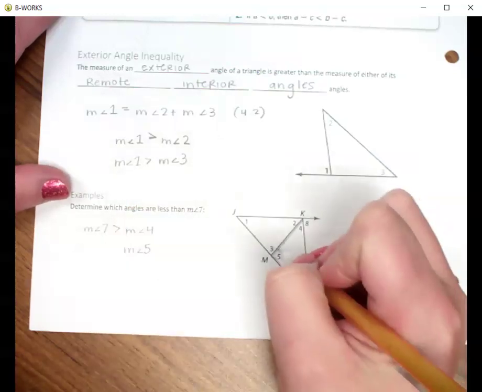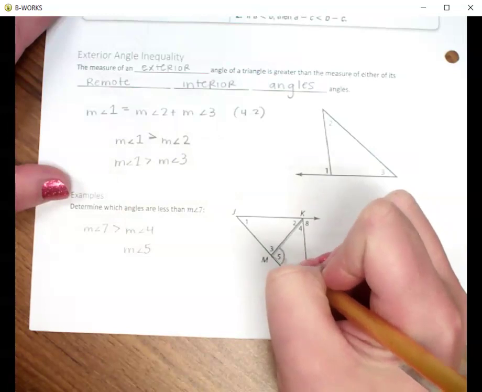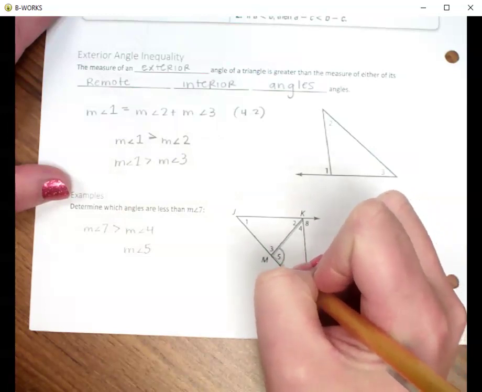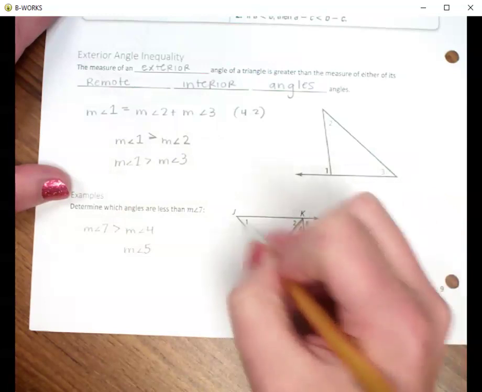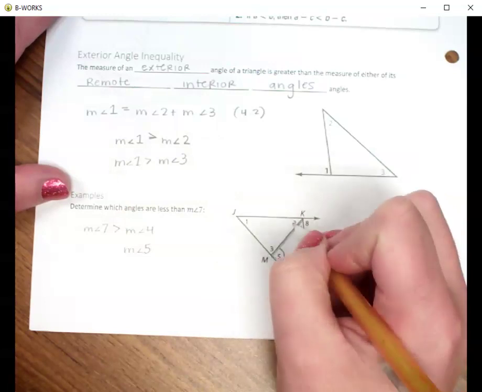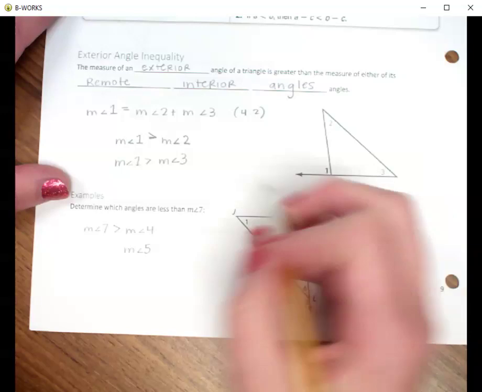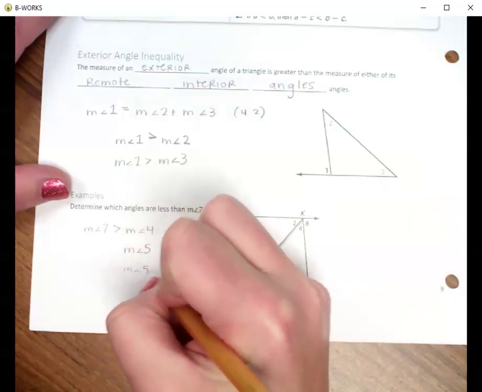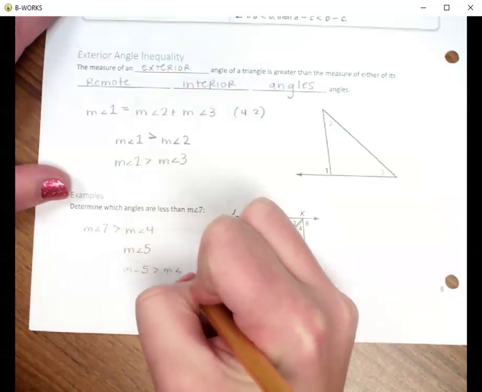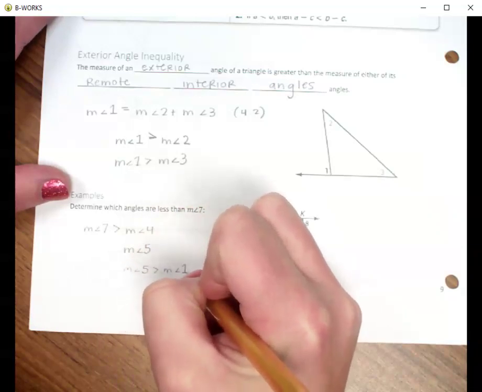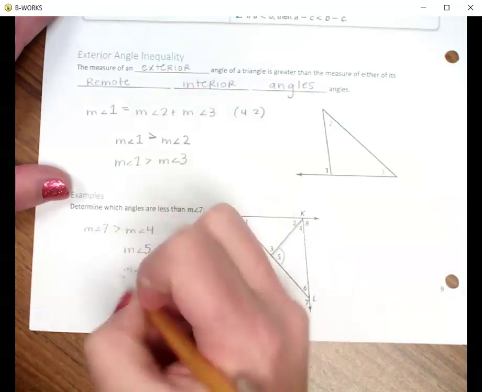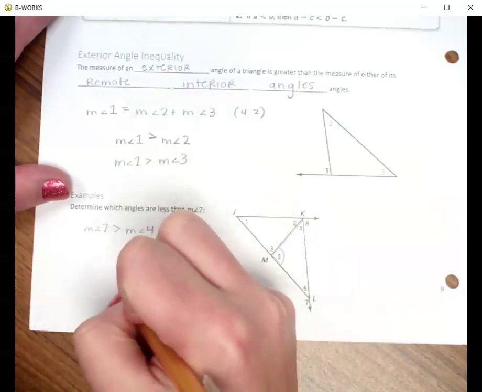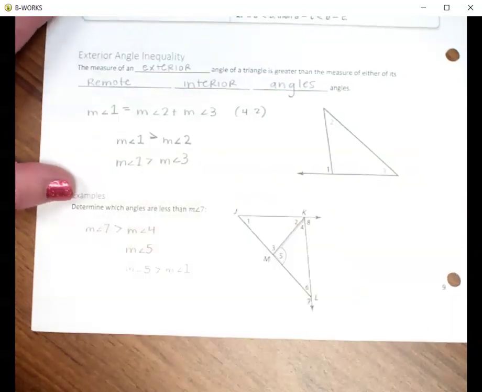Okay, and then since angle 5 here is an exterior angle for triangle KJM, 5 is going to be bigger than 1 and 2. And since the measure of angle 5 is bigger than the measure of angle 1, that means 7 is going to be bigger than 1 as well, by that transitive property of inequality at the top there.